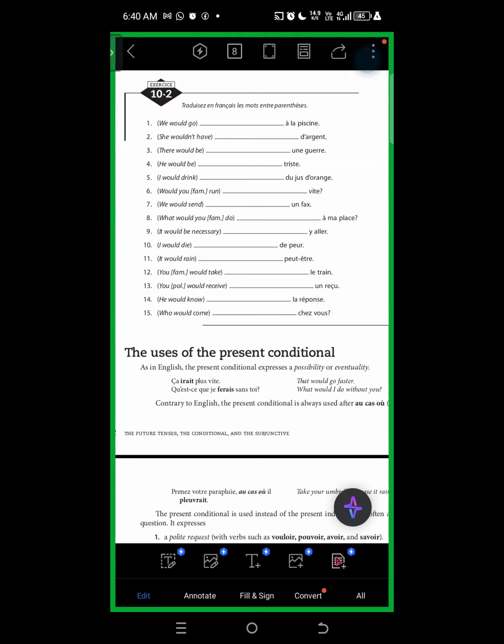You would take. I'm loving these verbs. That's prendre, right? Tu prendrais le train.